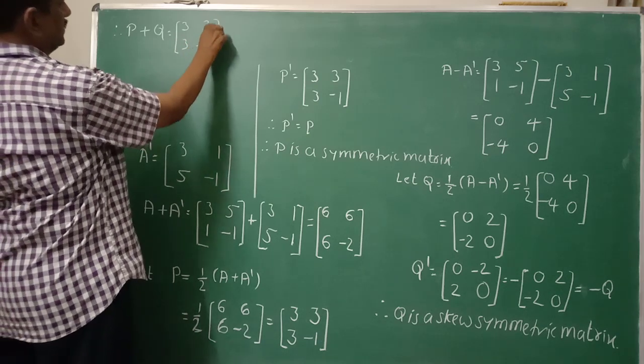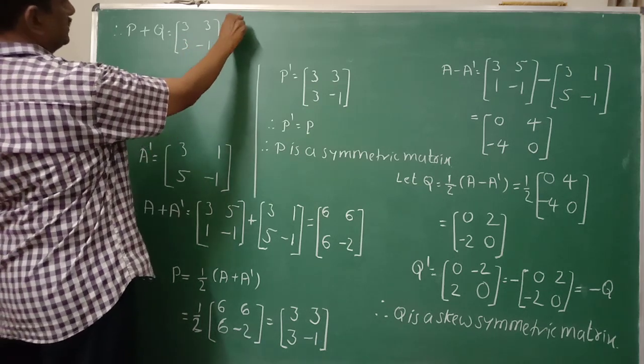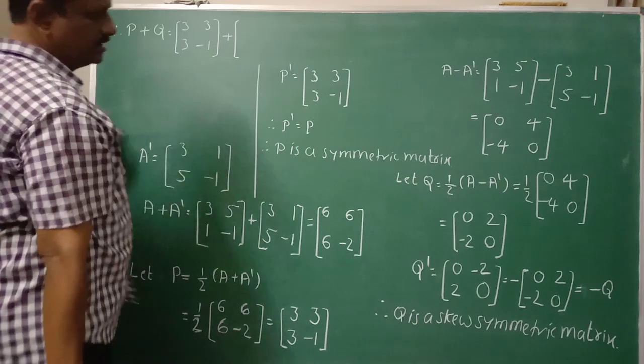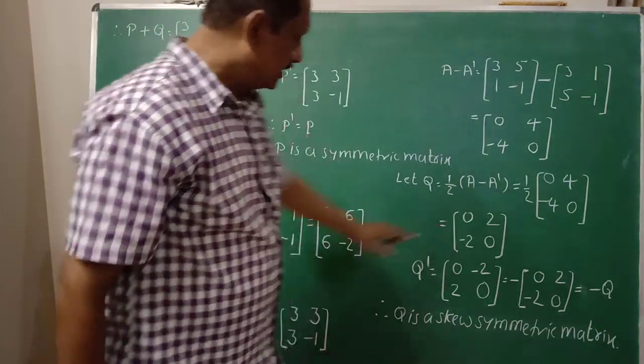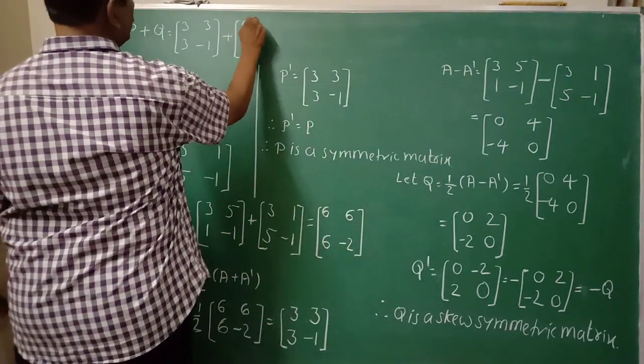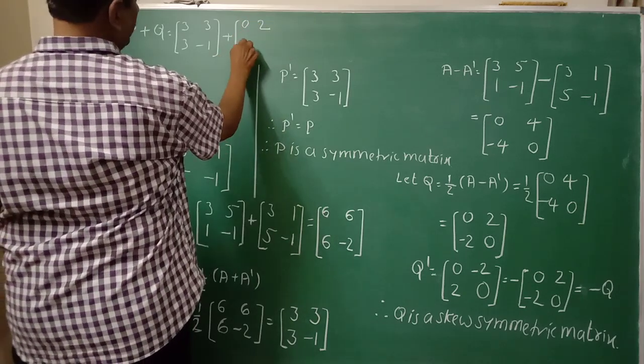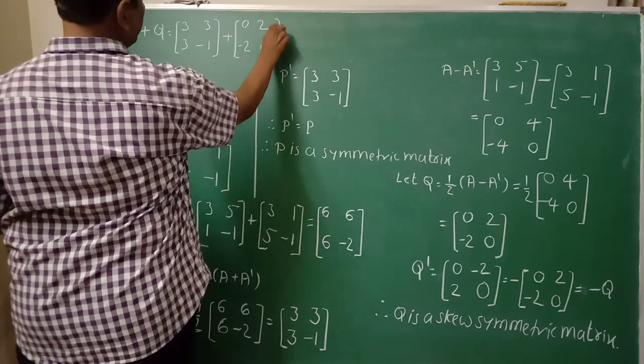So 3, minus 1, plus Q is this matrix: 0, 2, minus 2, 0.